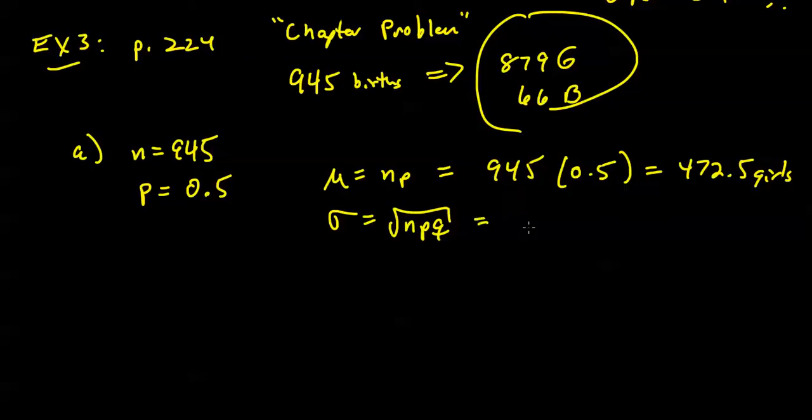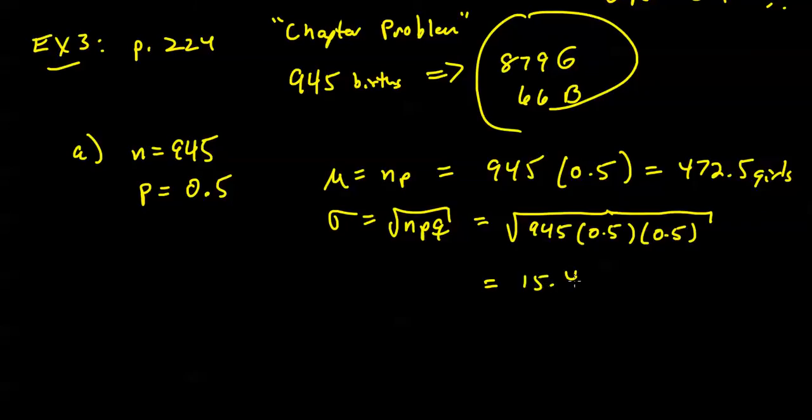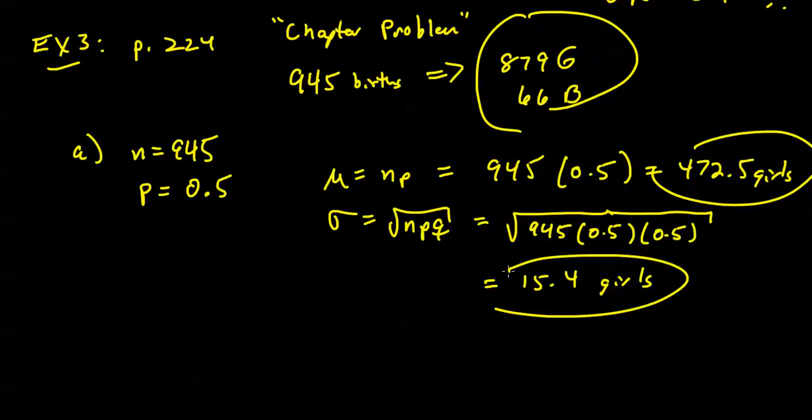Sigma is root n times p times q. Now notice if p is 0.5, that means q is also 0.5. It's the complement of 0.5. And if I punch this out on my calculator, I get 15.4 girls. So there's my mean, and there's my standard deviation for the number of girls in these 945 births.